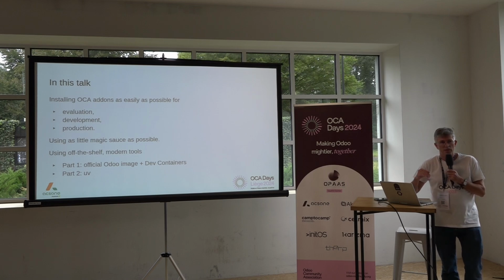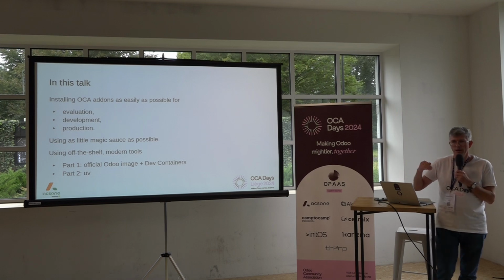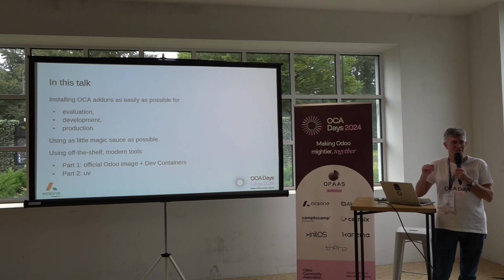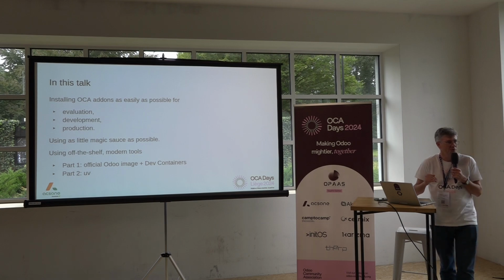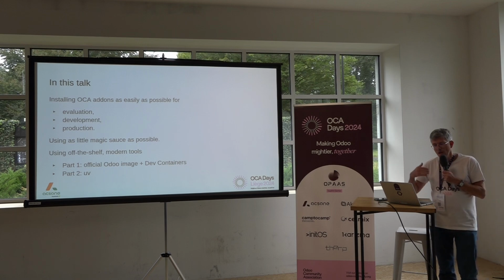And the second part, when you want to go further, I will explain how you can use the newest shiny Python packaging tool, called UV, which is basically a replacement for pip and many other tools. And I'll show you how that works.